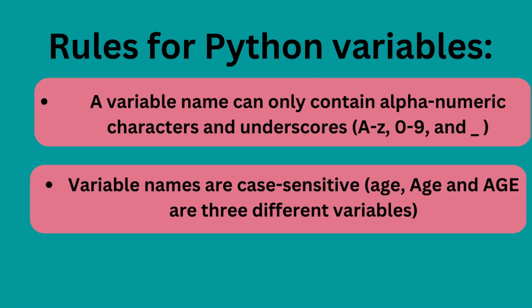You can use A to Z any alphabets, 0 to 9 any numbers, and underscore. Variable names are case sensitive, like a small letter h and a capital letter H, or a capital A with small g and e, they are all different variables. So never think these are all the same, because it's case sensitive.